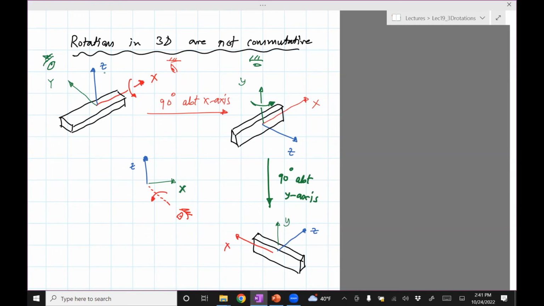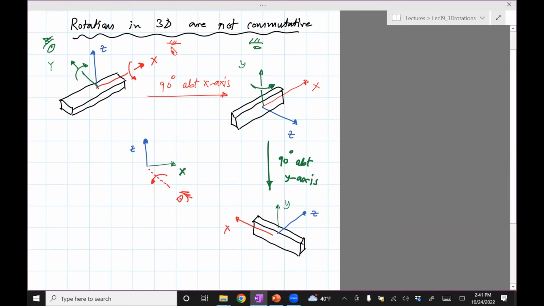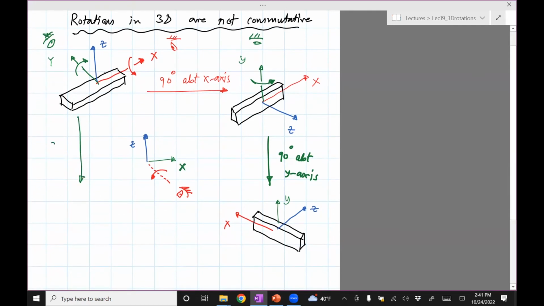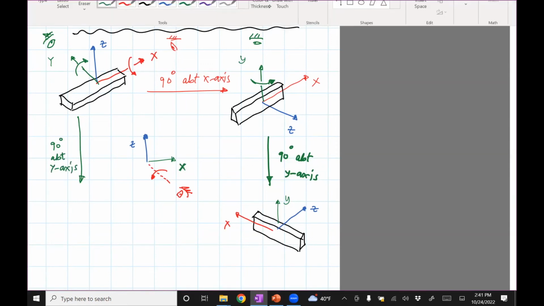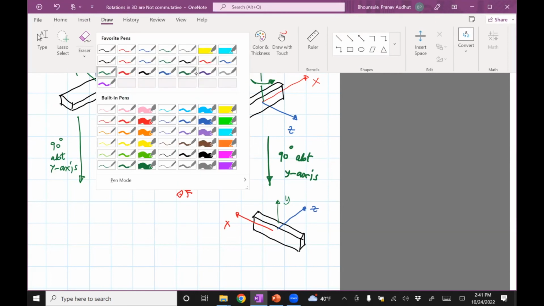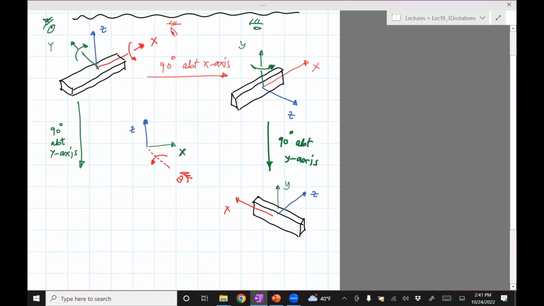Point your thumb along the y-axis and curl your fingers. So what will happen?